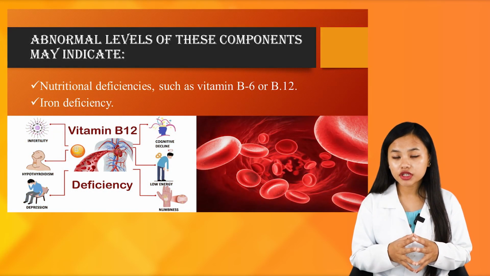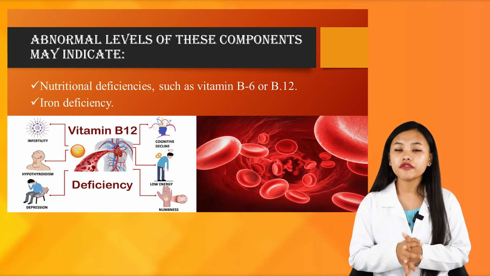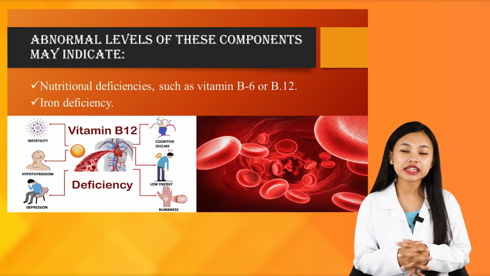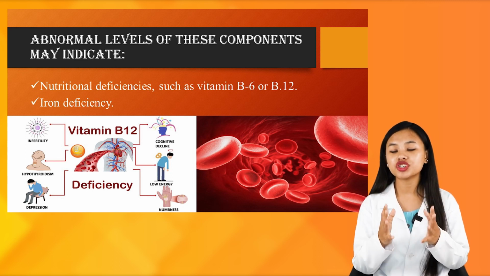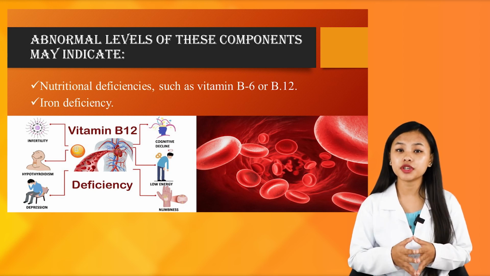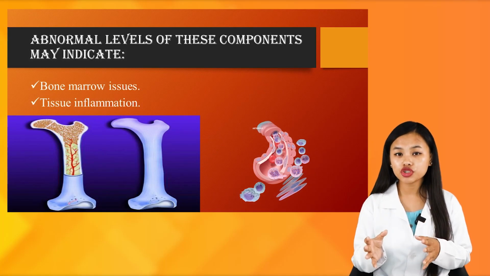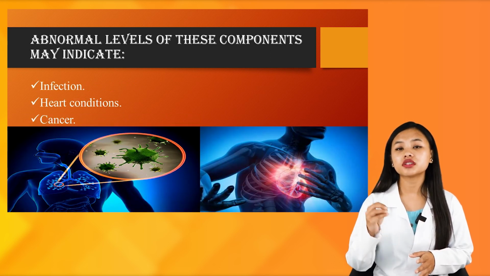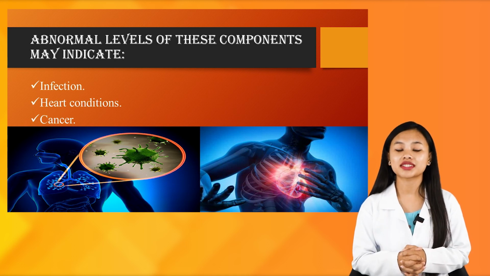Normally, these components will be at a normal level. However, if there is an abnormal level of these components, then it may indicate various nutritional deficiencies such as vitamin B6 and vitamin B12, iron deficiency, bone marrow issues, tissue inflammation, infections, heart diseases or various heart conditions, as well as cancer.